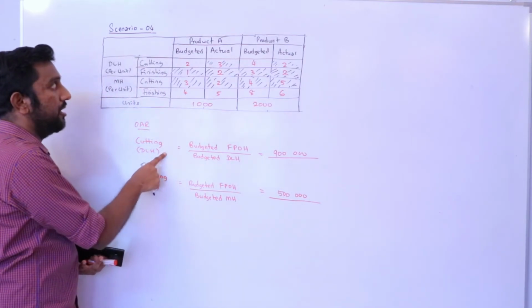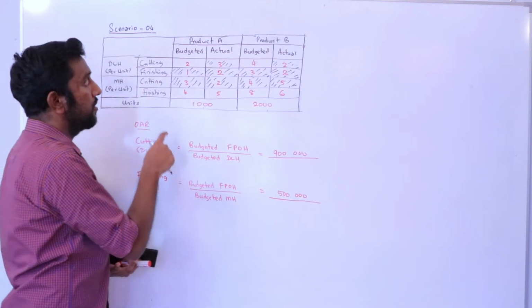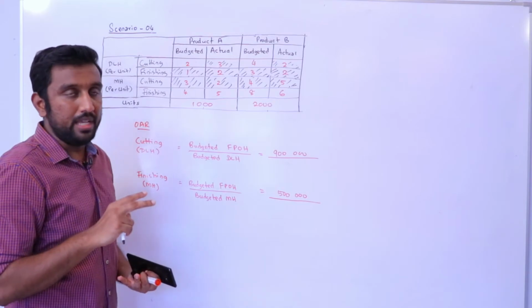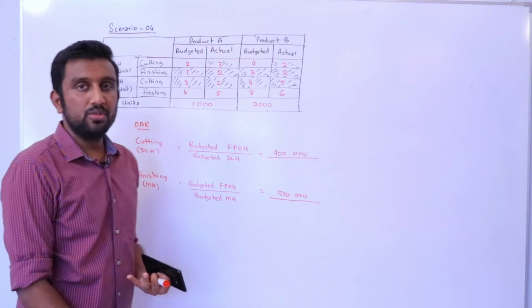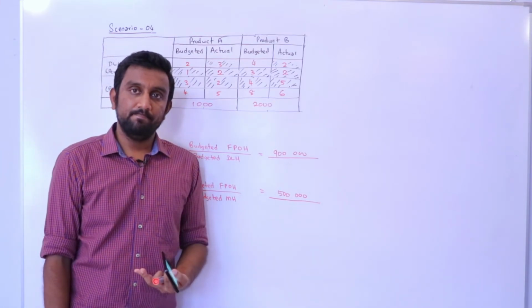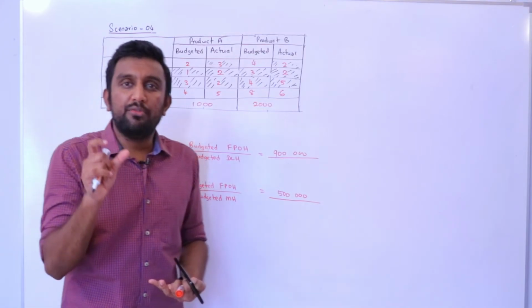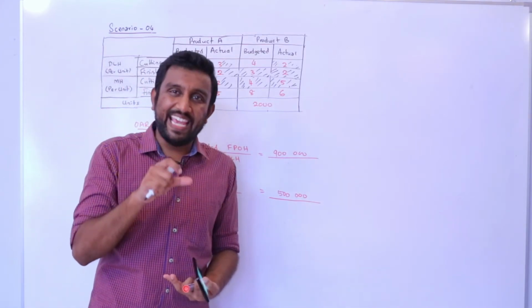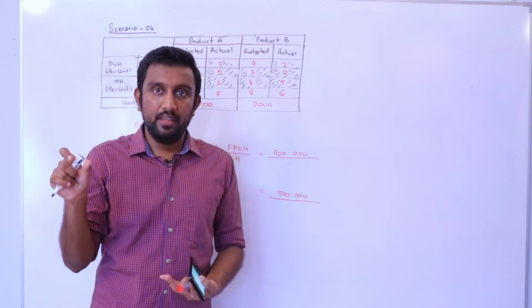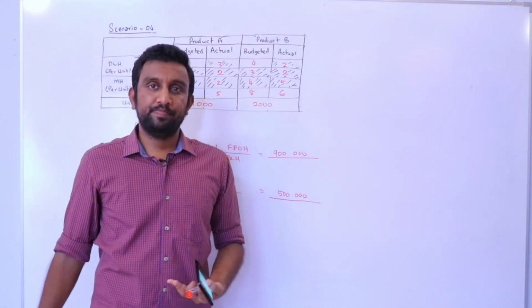The cutting department produced both products A and B, so you have to find the total. How to find the total? Find the total hours for A and B, then add both.